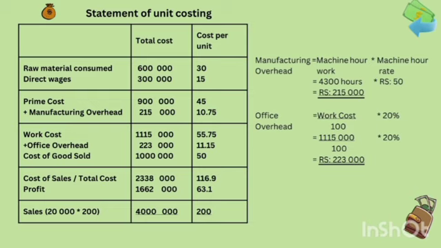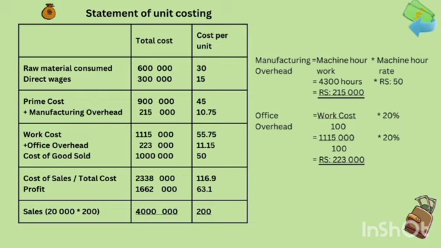Now when we prepare the cost per unit column, we need to divide the amount recorded in the total cost column by the units produced, 20,000, and record them. Raw material consumed 6 lakhs divided by 20,000, answer is 30.